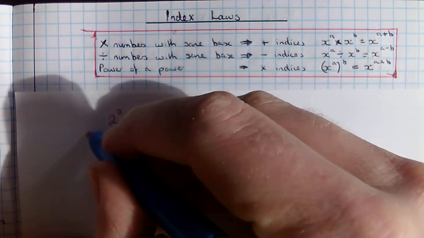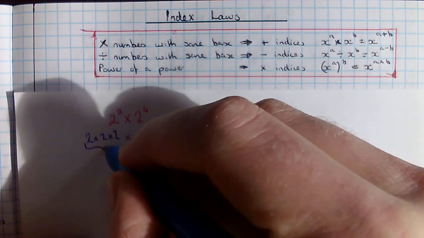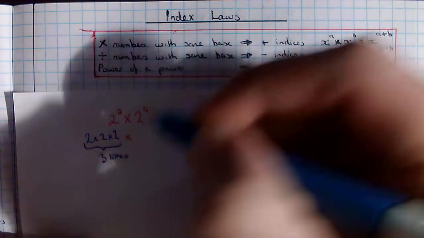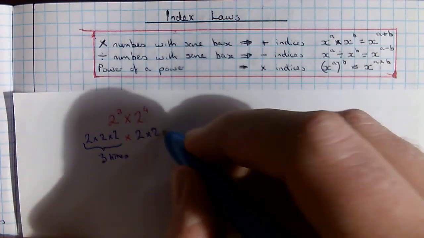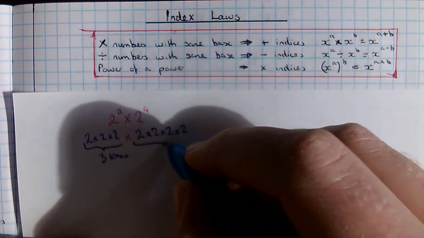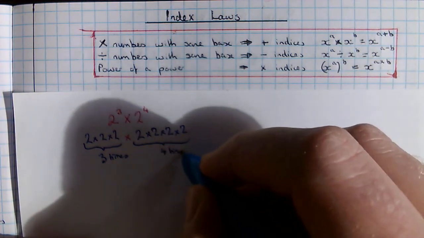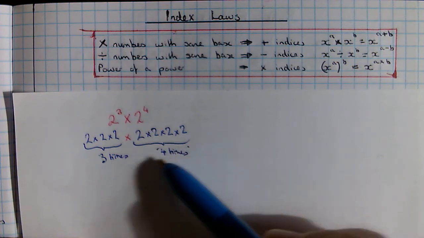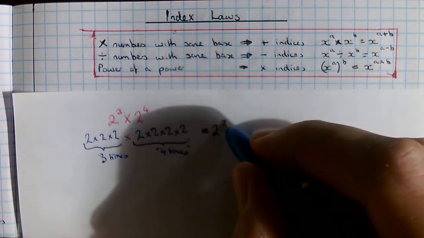It means 2 times 2 times 2, 3 times. 2 to the power of 4 means 2 times 2 times 2 times 2, 4 times. So if we think, what have we got in total? Well, we've got 3 times here and 4 times here. So in total, we would have 2 to the power of 7.